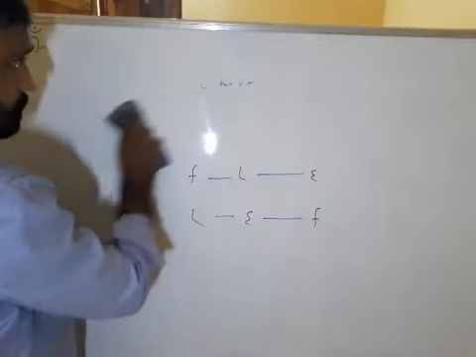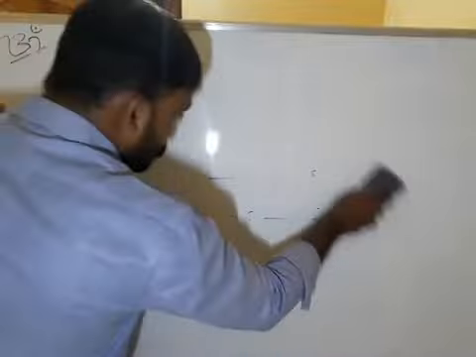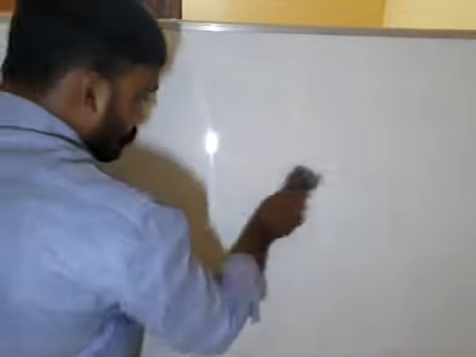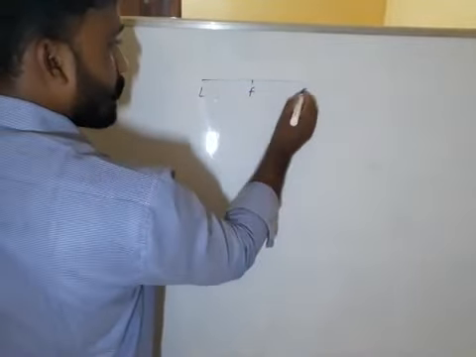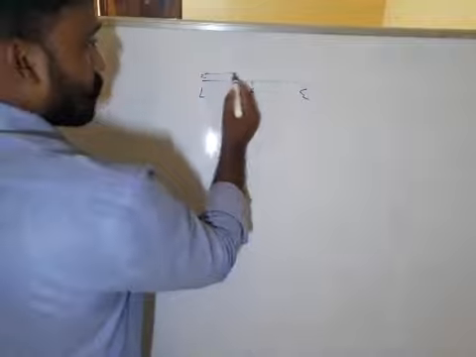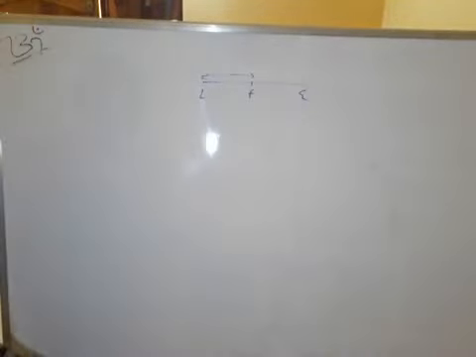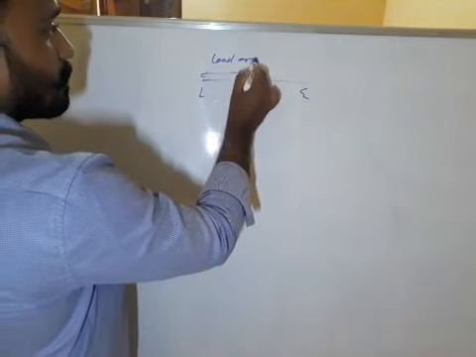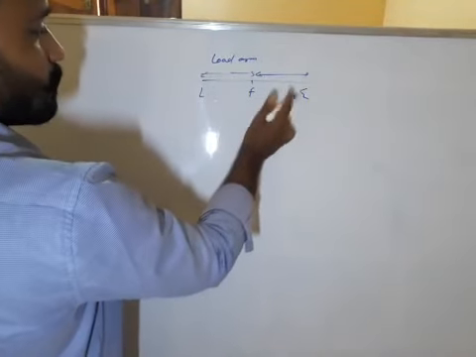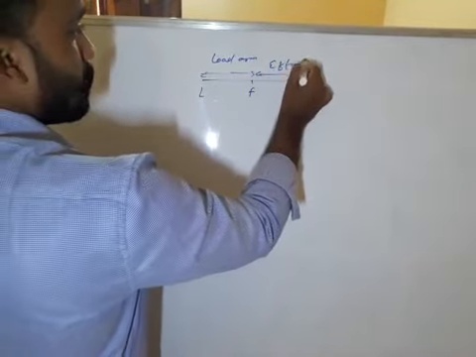For example, take F, L and E. The distance between load and fulcrum is called the load arm, and the distance between effort and fulcrum is called the effort arm.